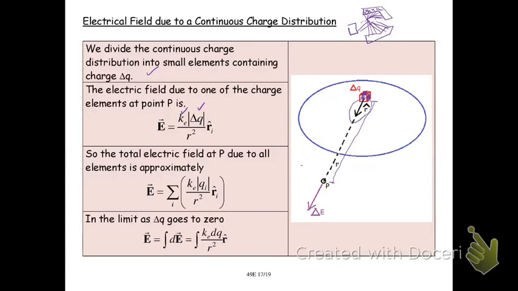So you don't need to do this. If the cloud's got a nice shape that you can live with, why bother doing this iterative technique? Just use math. And so in the limit, we would go from this iterative method of summing to actually doing some kind of integration. Yeah?